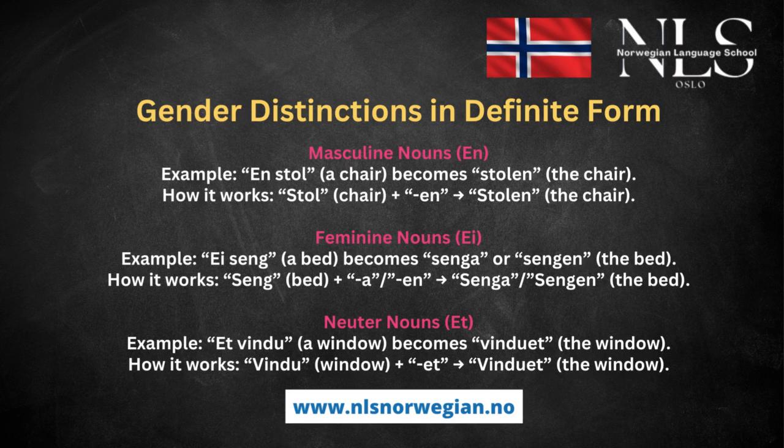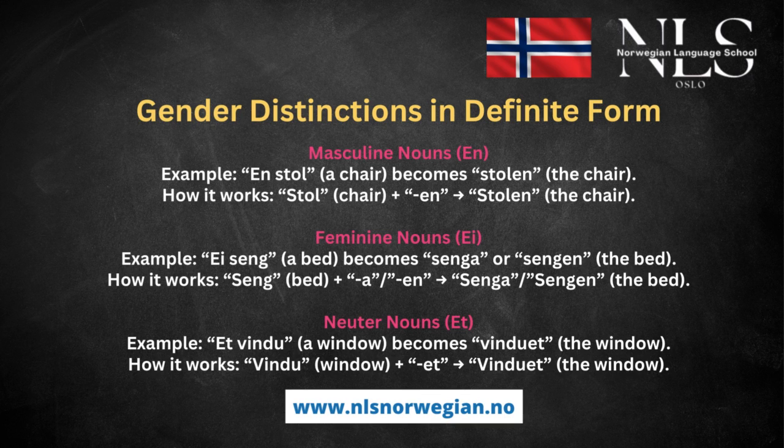Feminine nouns, ei. Feminine nouns taking the indefinite article ei form their definite version by typically adding a, or sometimes en, at the end. For example, ei seng, a bed, becomes senga, or sengen, the bed.